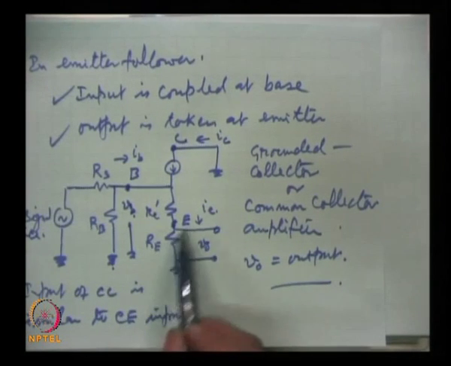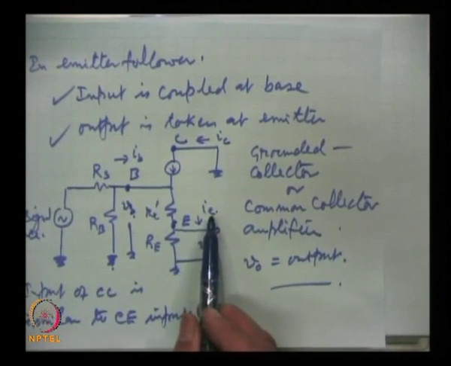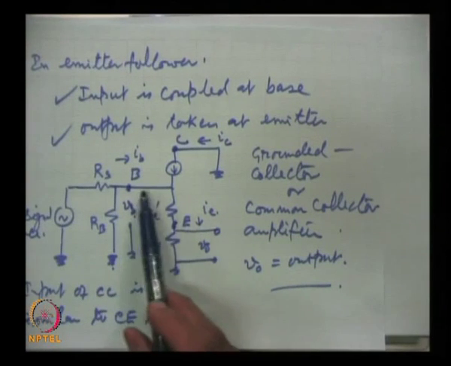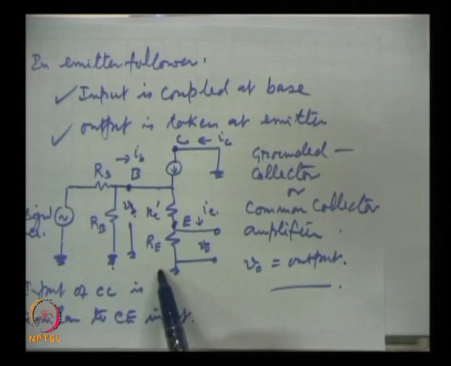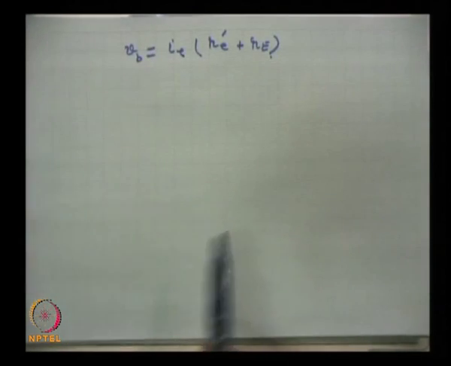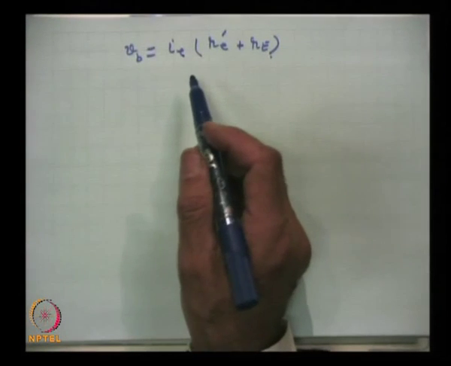So, simple Ohm's law tells us the voltage between this terminal and this terminal: this is simply I E into these two resistances. This is what I have written.